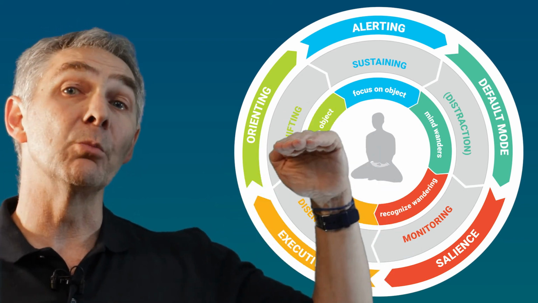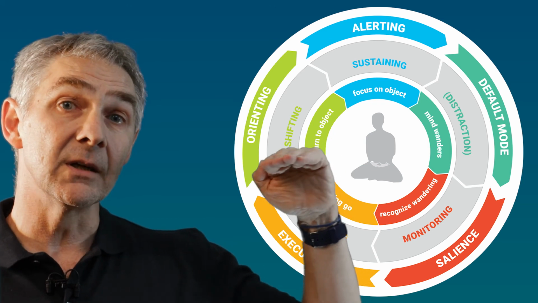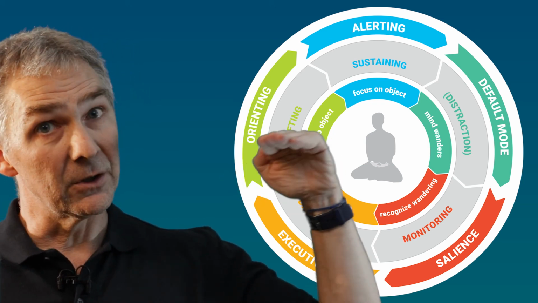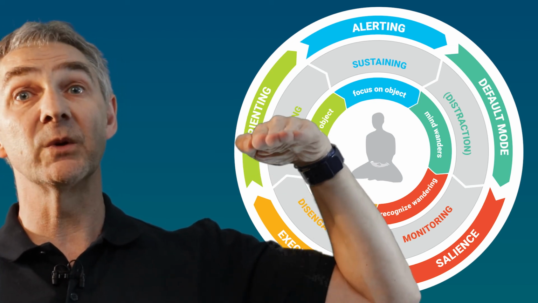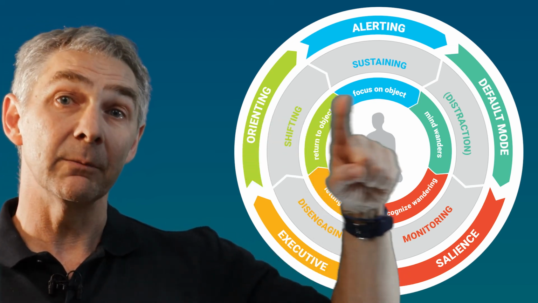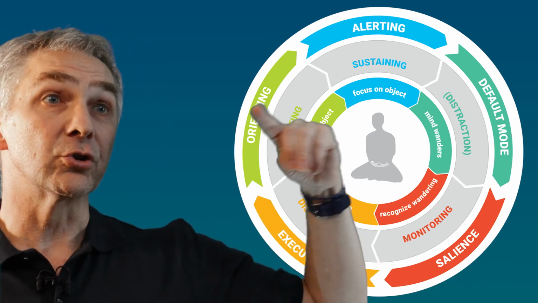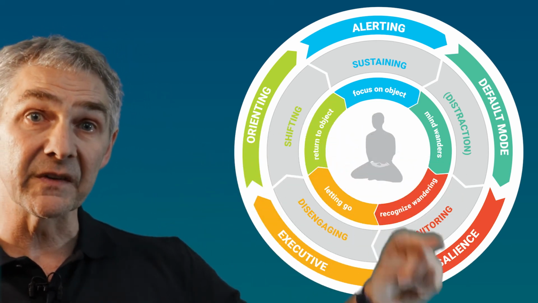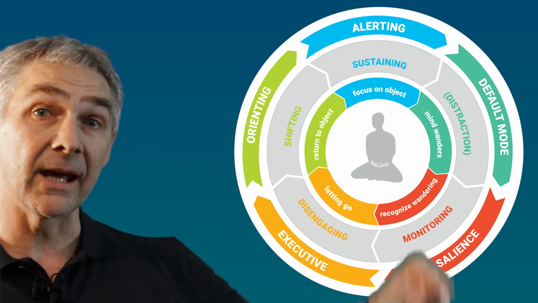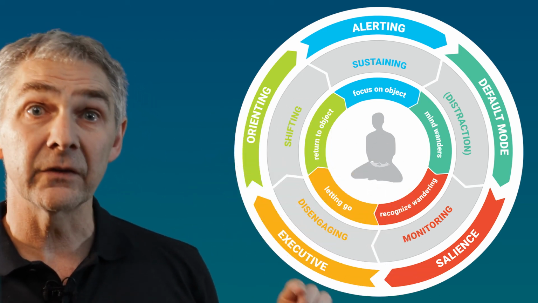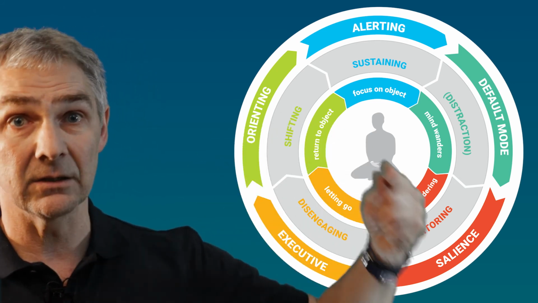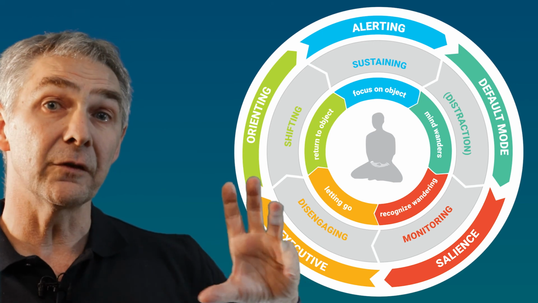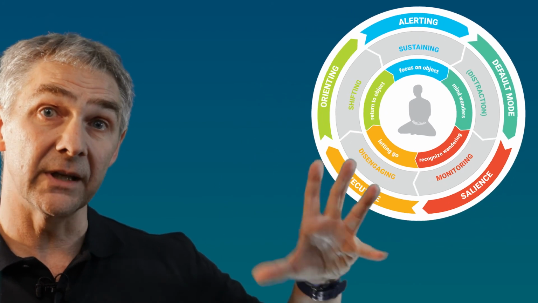Of course, more and more stability will also arise. The alerting function will become more and more prominent, and levels of alertness will become more and more stable. But it all depends on going through this circular process again and again. By running through this cycle again and again, these different networks involved are being strengthened.